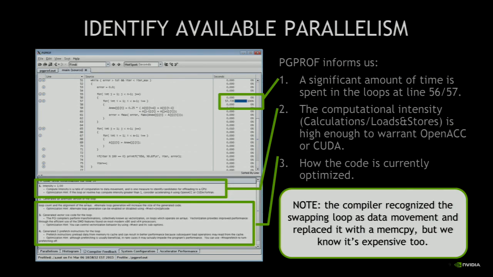So pgprof also tells you some information about the number of calculations per load store instruction. You can also compute this average yourself, but you can use this tool as well to do that. And it will hint, OK, you might want to use, for example, OpenACC or CUDA to port these loops.